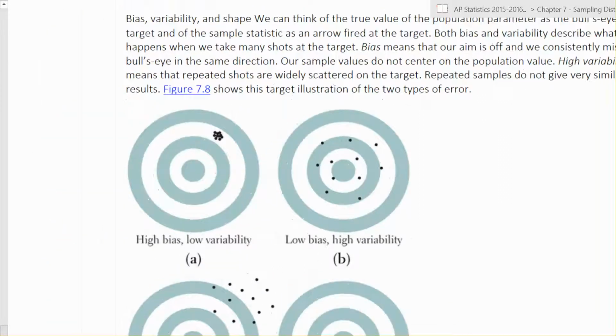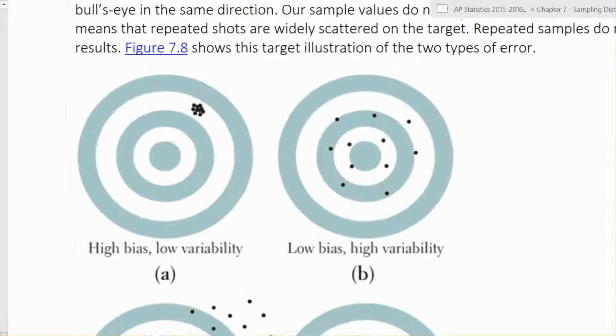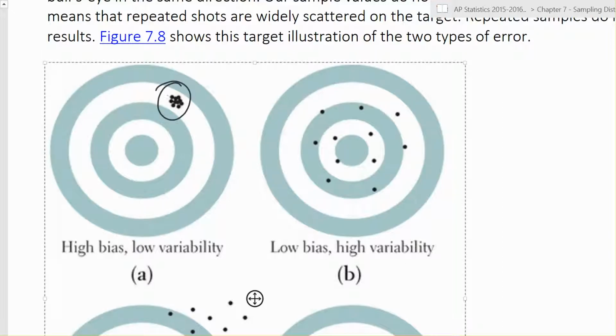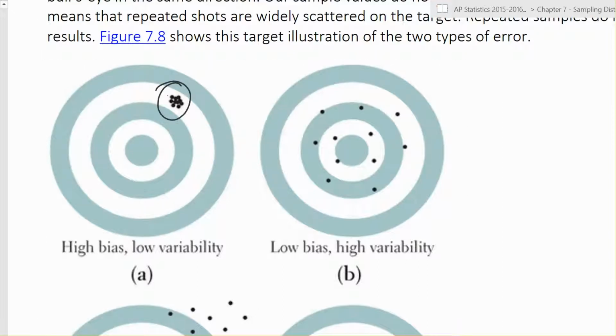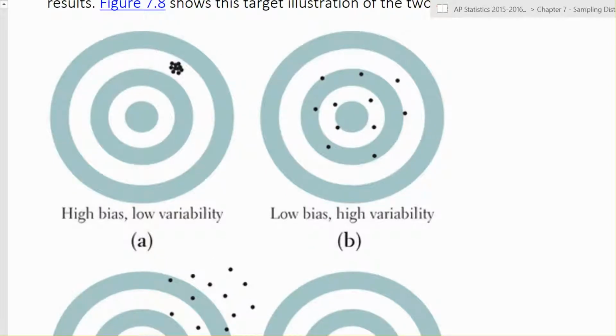It's helpful to see the dartboard analogy, where we can see something that has high bias and low variability, where the darts are missing the target consistently, but there's not a lot of error in the placement of the darts. So that would be high bias and low variability. And we have another case of low bias and high variability.